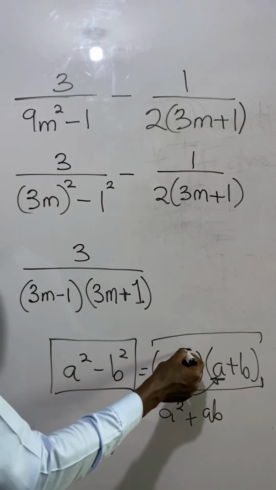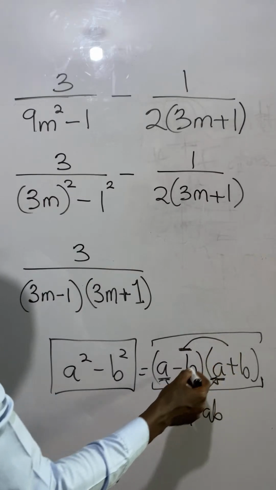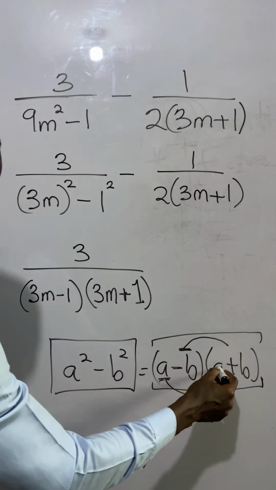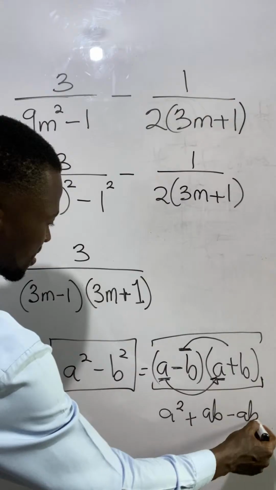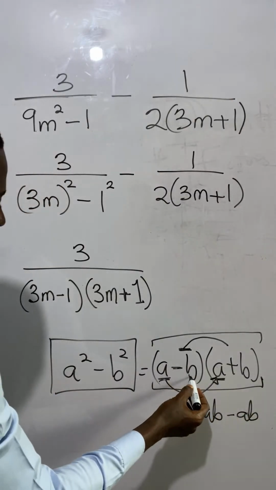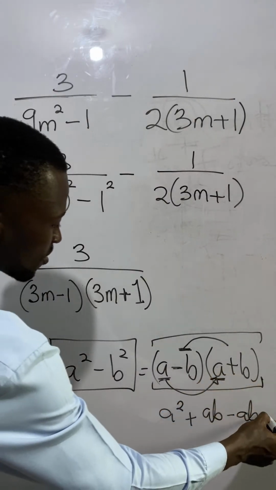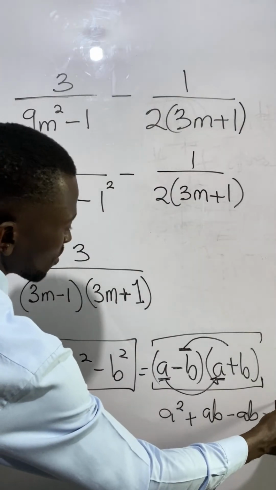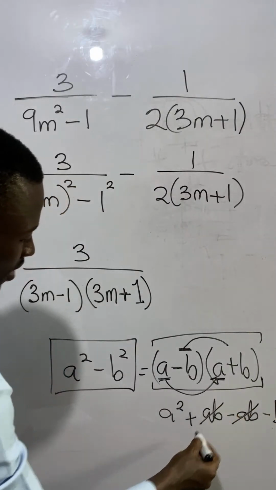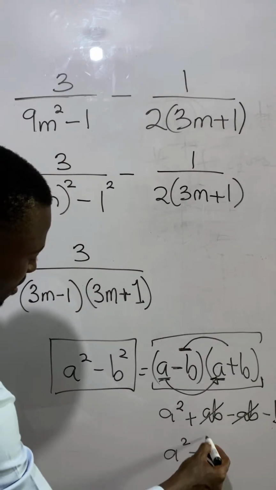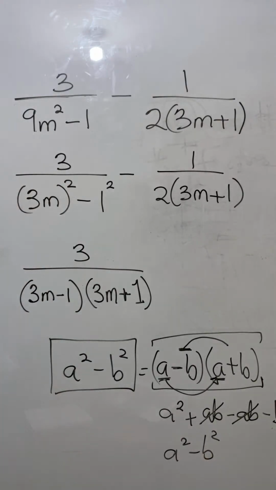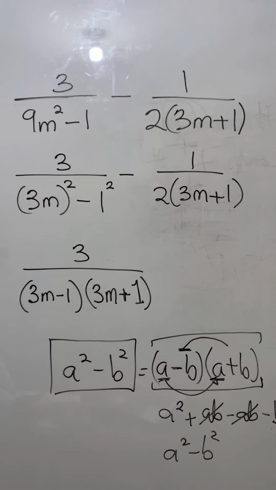Then we use this negative b to multiply everything in this bracket. Negative b times a is negative ab, and negative b times b gives us negative b squared. So this and this cancel, giving us a squared minus b squared. This is how difference of 2 squares works.